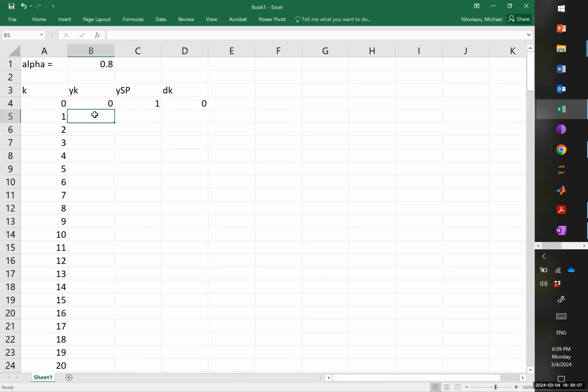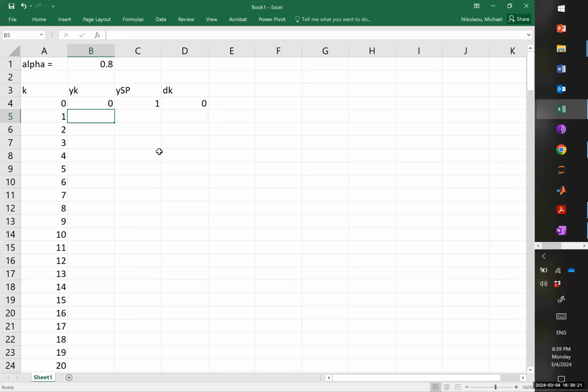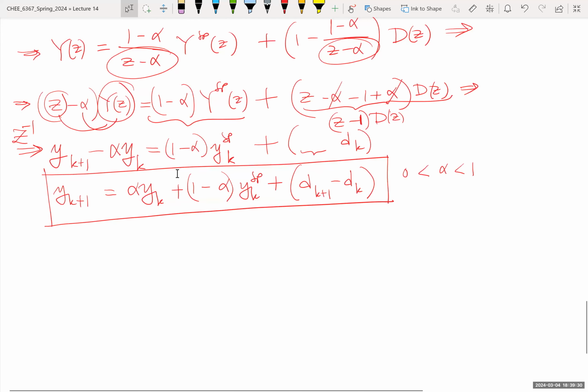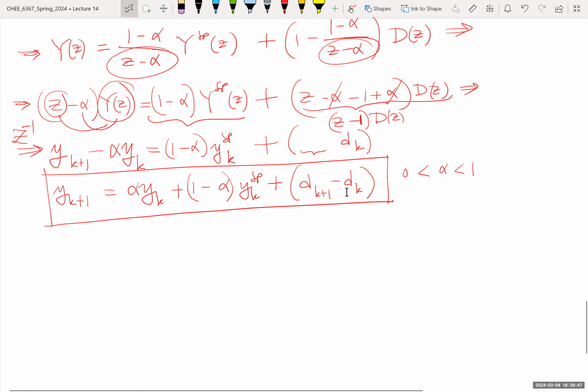So the closed loop behaves in the following way. Let's go back to our notes. The closed loop says the next value of y depends on the previous value of y times alpha, plus (1 minus alpha) times the previous value of the set point, plus the current value of the disturbance minus the previous value of the disturbance.